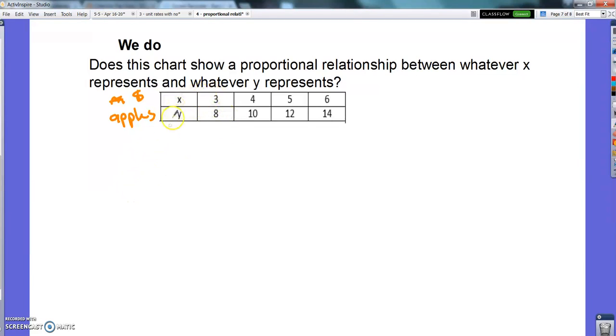So when I look at my ratios here of X to Y, I need that constant of proportionality to see. So my first pairing, my first dollars and apples or laps and hours or whatever you want to do, is a ratio of 3 to 8, which is, I know these decimals by heart, 3 divided by 8 is that, 0.375. This is a ratio of 4 to 10. You know that decimal by heart.